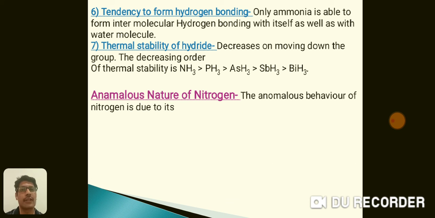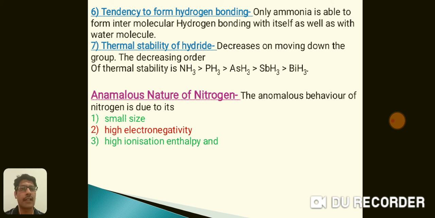Now we are going to see the anomalous nature of nitrogen. What is anomalous nature? Anomalous nature means it is an odd nature. Nitrogen behaves differently from all the other elements of this family, and the anomalous nature is due to small size, high electronegativity, high ionization enthalpy, and most important, non-availability of d orbitals.